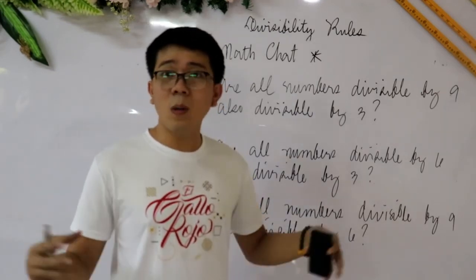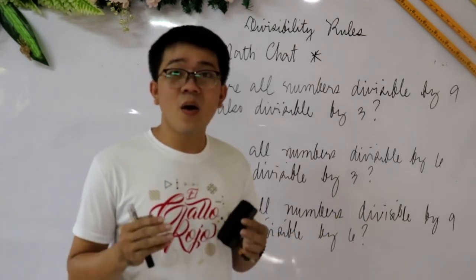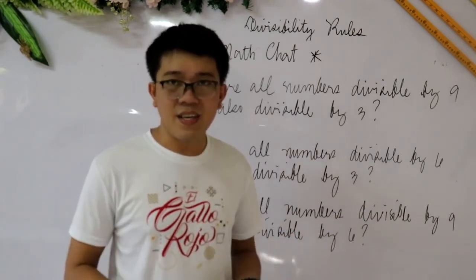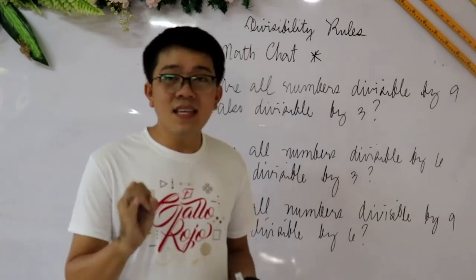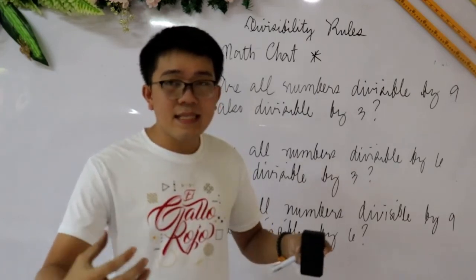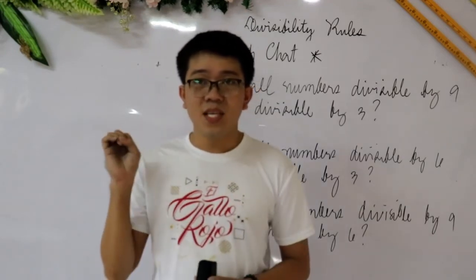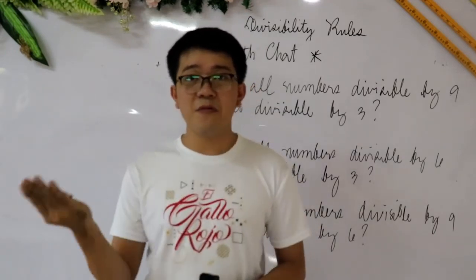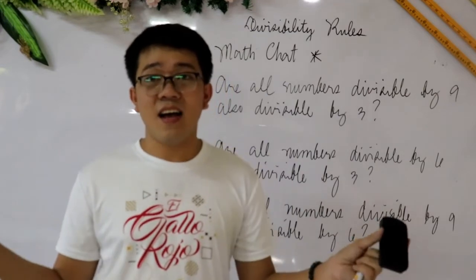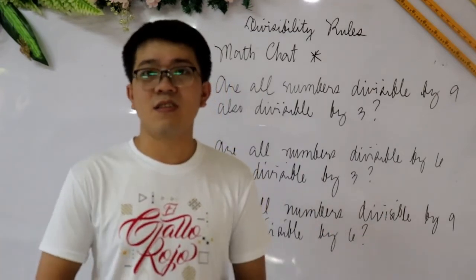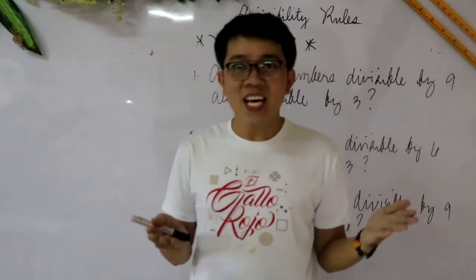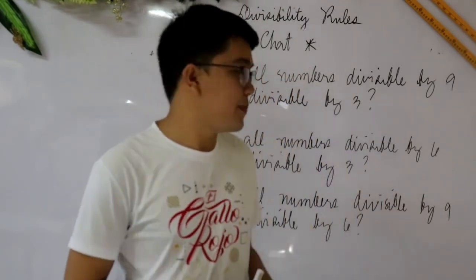So all numbers that are divisible by 6 are also divisible by 3. Some multiples of 6 are 6, 12, 18, 24, 30, 36, and all of them are divisible by 3 also.